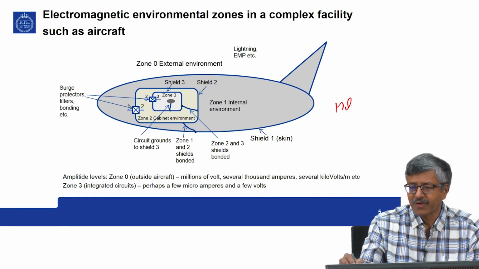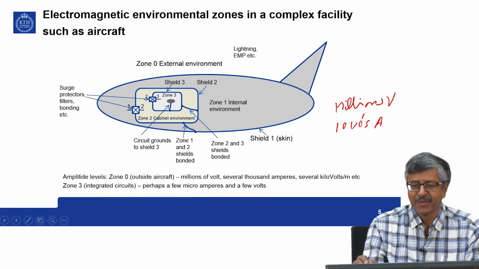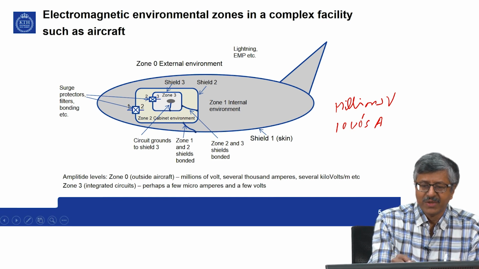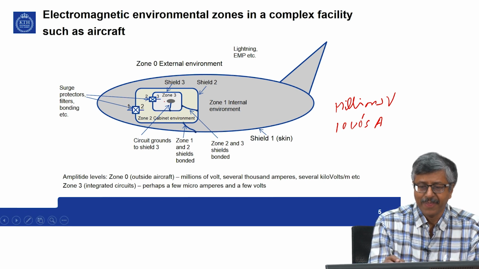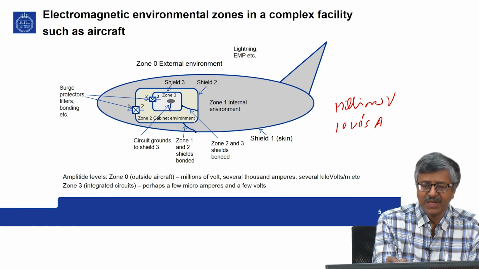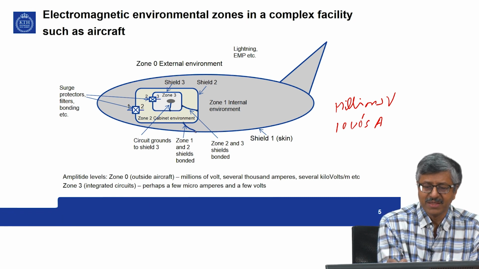So, it is of the order of several millions with respect to earth, and thousands of amperes. Now, this is reduced to a very low value when it comes over here, but at the same time you do not want to have very strong potential differences between any points inside this. So, the bonding plays a crucial role.